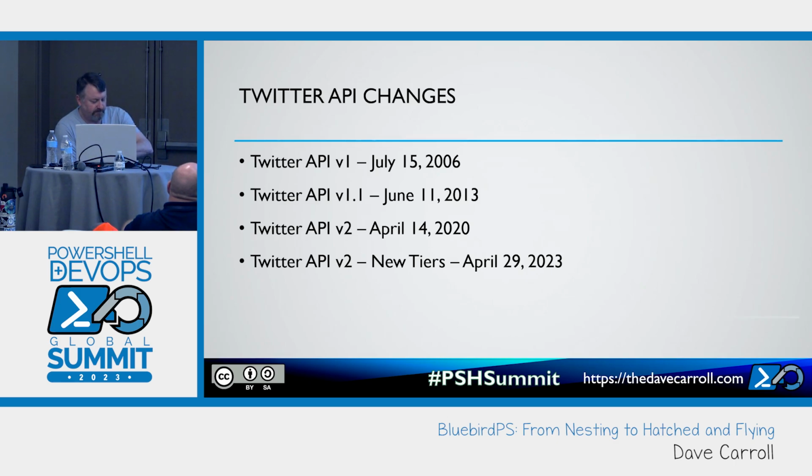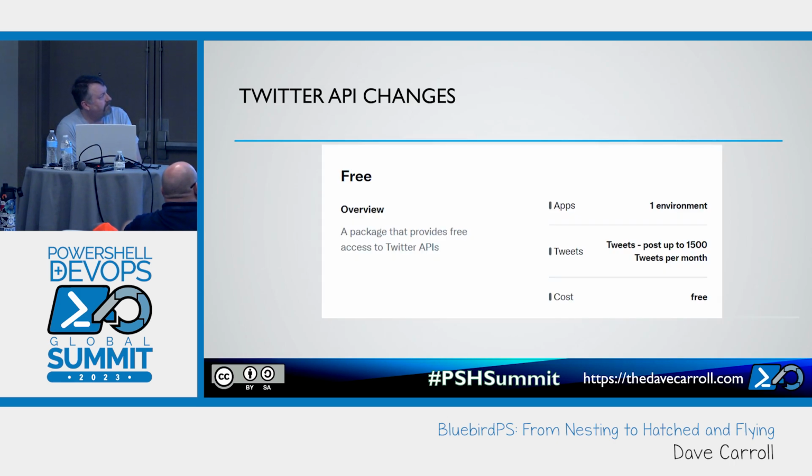Hey, that's in the future, by 2 days. The free tier is you can tweet up to 1,500 times per month. And that's it. Technically, I think you can also get your own user, which is good because whenever I have my authentication set up, I actually use that to get the user ID, which is needed for some of the other API calls.